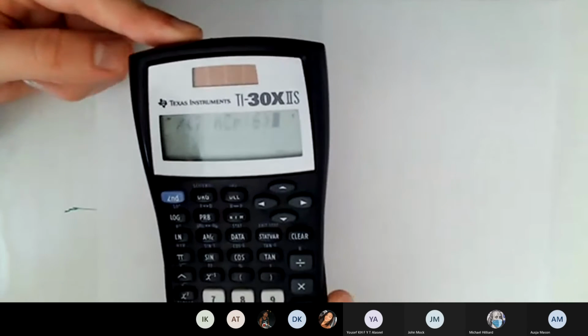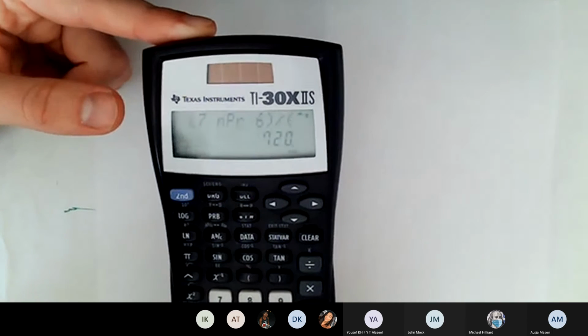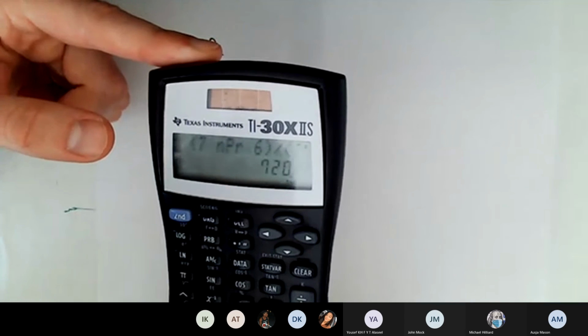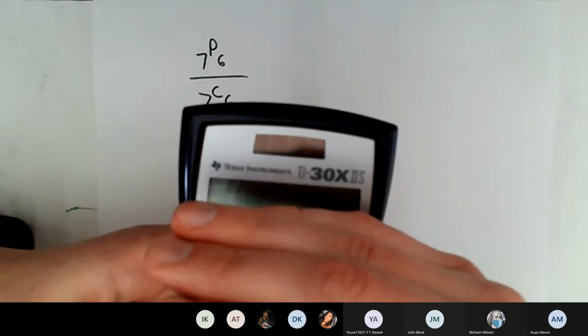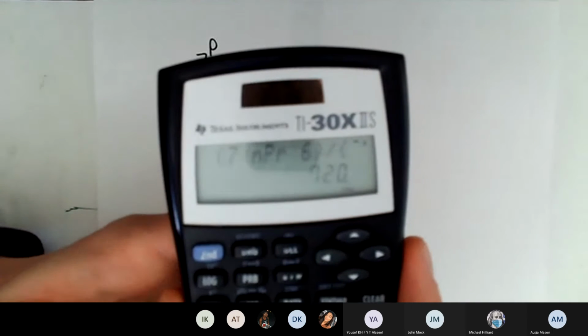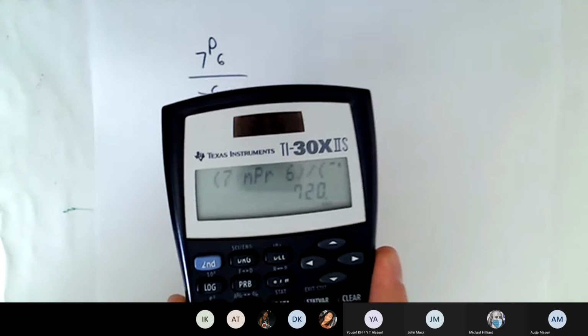So wrapping the numerator and the denominator in parentheses is going to be super important here. And it gives me 720, which is the right answer for that problem. I don't know why the glare is so bad; I have no idea where the light is coming from.